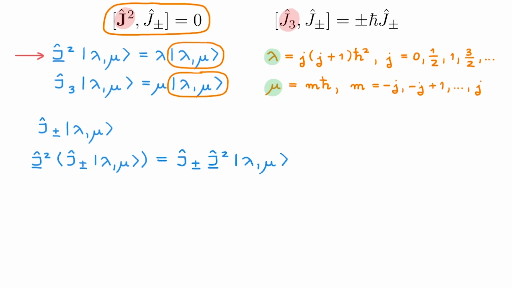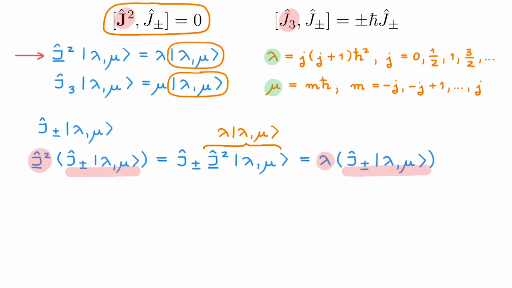Now we can use the eigenvalue equation for J squared to get lambda times lambda mu, and this leads to lambda times J plus minus lambda mu. So we see that by acting with J squared on this state, we get lambda times the same state. And this confirms that J plus minus lambda mu is also an eigenstate of J squared with eigenvalue lambda.